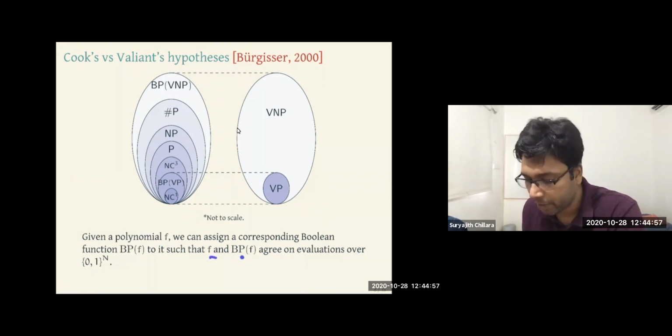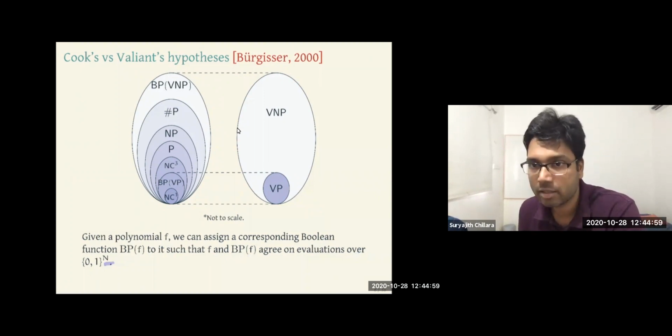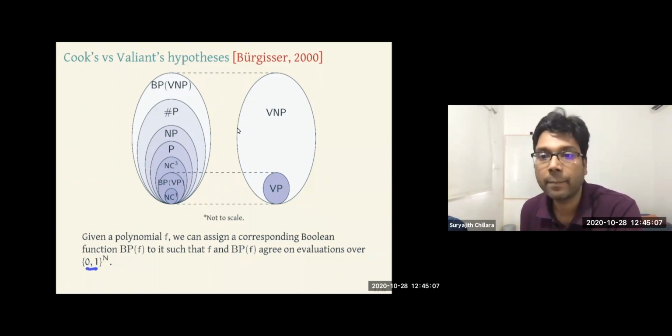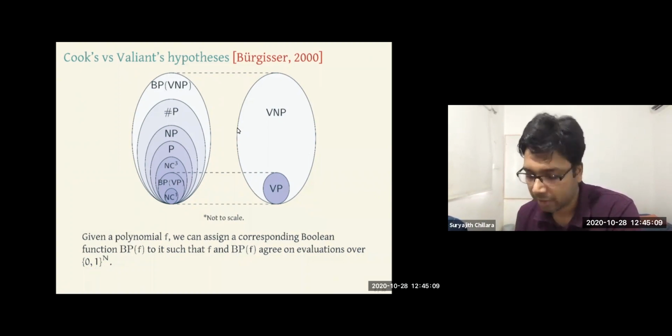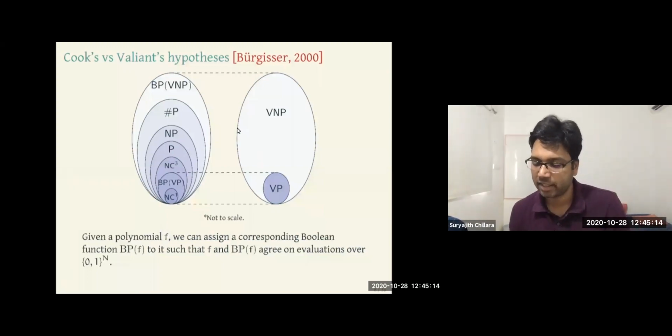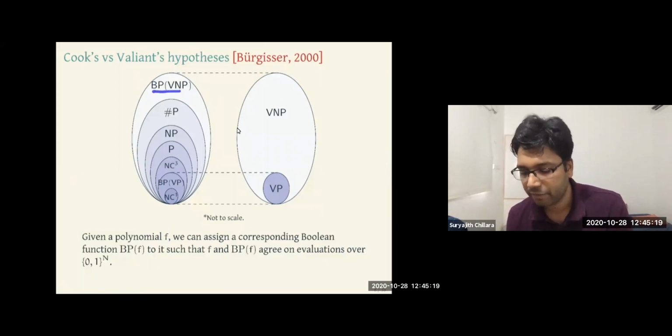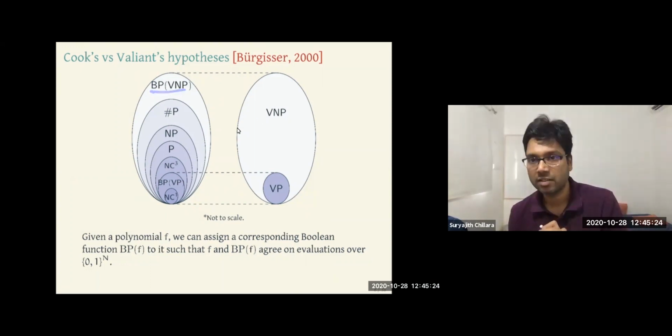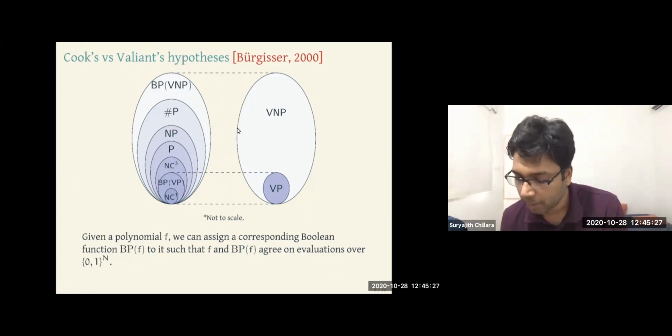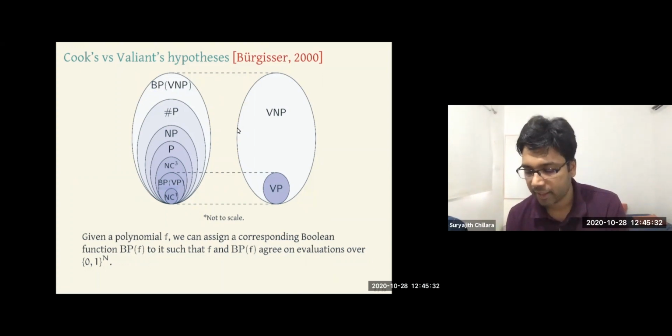So f and BP of f have the same number of variables, and the function and the polynomial agree with each other over evaluations on a particular domain. So this particular definition for a polynomial can be extended to a class of polynomials. I can define something called the Boolean part of VNP, as in the class of Boolean functions that correspond to polynomials in VNP.